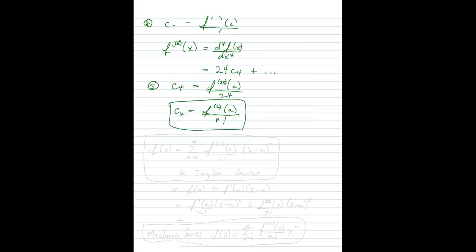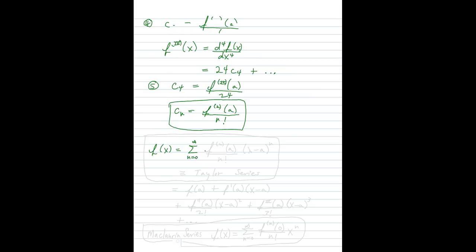Okay, so looking at this definition, if we plug it back into the power series representation of a function, we're going to have the definition of a Taylor series. So let's go ahead and do that. f of x equals the sum from n equals 0 to infinity, and then it used to be c sub n.